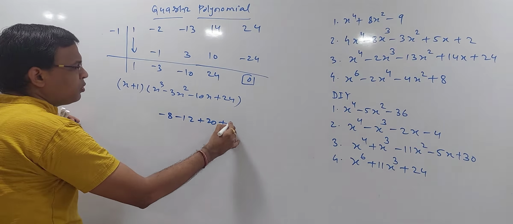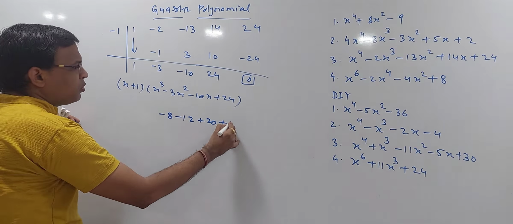Again the synthetic division method. Coefficients are 1, minus 3, minus 10 and 24. Drop it down, 1 into minus 3 is minus 3. Addition is minus 6, into minus 3 is plus 18. Addition is 8, into minus 3 is minus 24. So I am getting 0. So finally what is left is this.